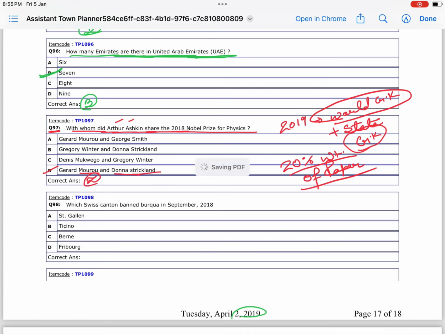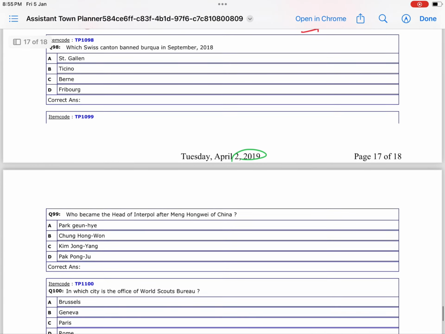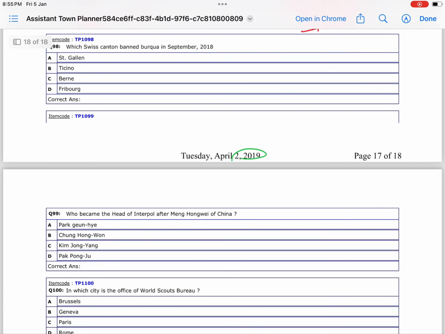Coming on to the question number 98. Which Swiss canton banned burqa in September 2018? So which one is that?